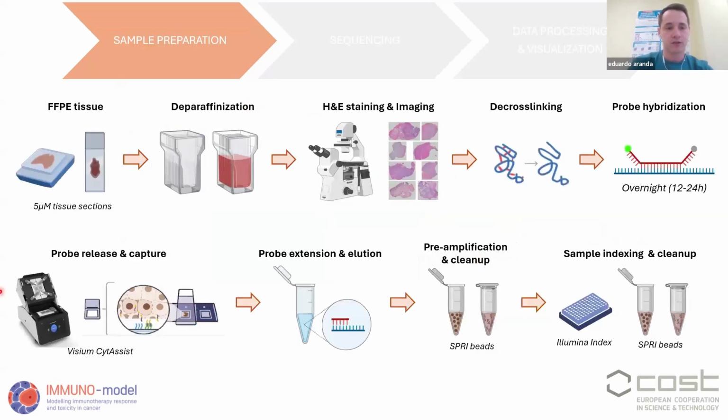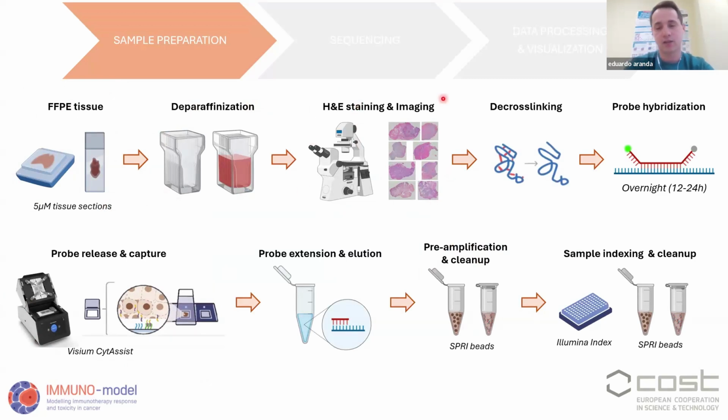First, the sample preparation, which is performed in the laboratory, takes approximately 2 days to perform all these steps that I'm going to explain now very briefly. Start with 5 micrometer tissue sections that are put on the Visium slides. Subsequently, deparaffinization and staining with hematoxylin and eosin and imaging.